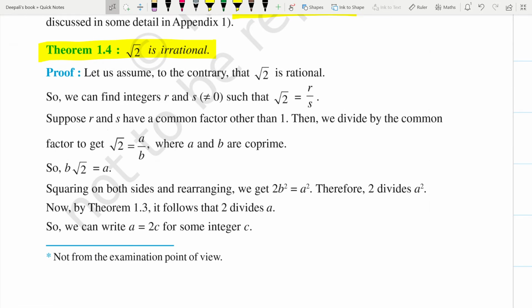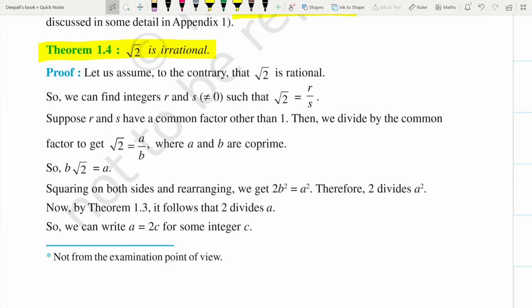So we can find integers r and s, not equal to 0, such that root 2 is r upon s. Suppose r and s have a common factor other than 1. Then we divide by the common factor to get root 2 is equal to a upon b, where a and b are co-primes. So b root 2 is equal to a.